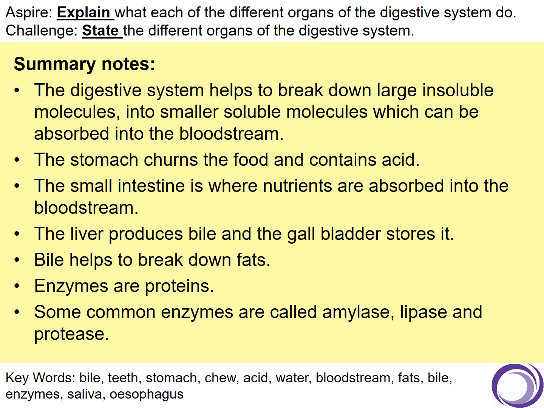So now we've come to the summary section of today's lesson. Again, like the other lessons, I would like you to write these notes down in a minute. So I'm just going to go through them with you. The digestive system helps to break down large insoluble molecules into smaller soluble molecules which can be absorbed into the bloodstream. The stomach churns the food and contains acid.